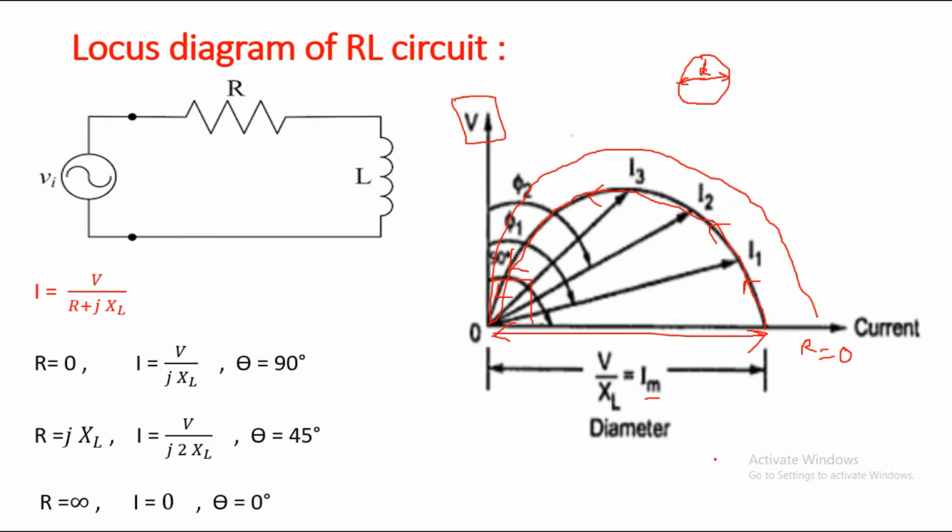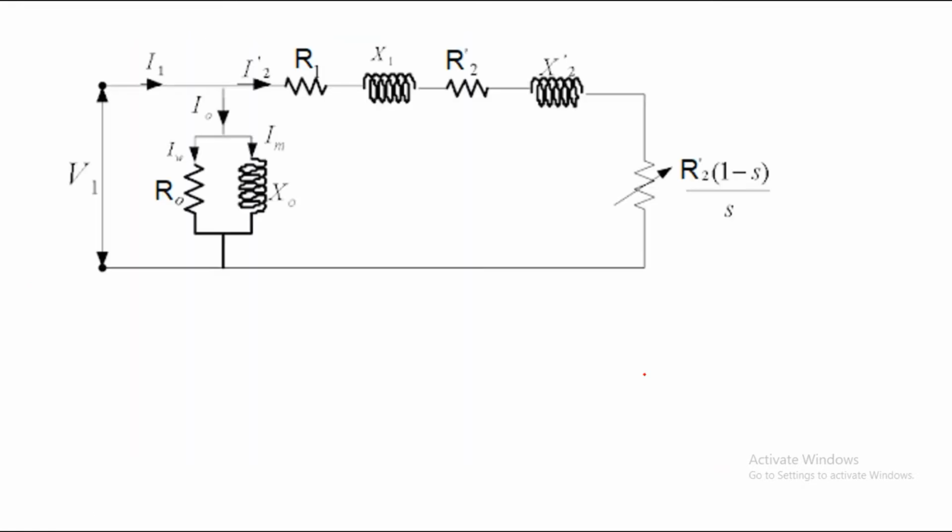And now we are going to implement the same logic in the locus diagram of rotor current while drawing the circle diagram. For drawing the locus diagram of rotor current, we are going to consider the approximate equivalent circuit of the induction motor. We know we have 2 equivalent circuits in an induction motor.